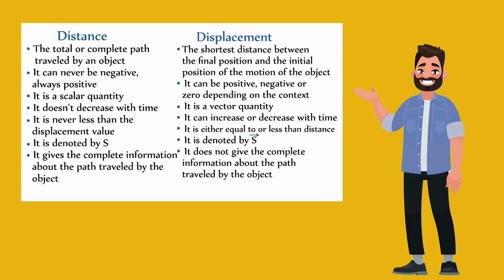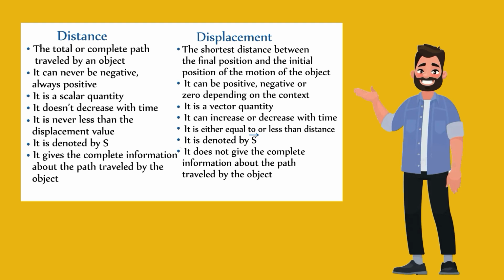And the other difference is that distance does not decrease with time, while displacement can increase or decrease with time. And remember, distance is never less than the displacement value, while displacement is either equal to or less than distance.